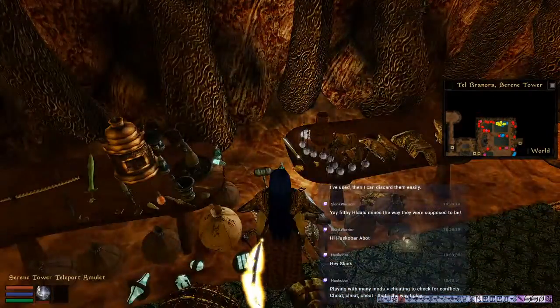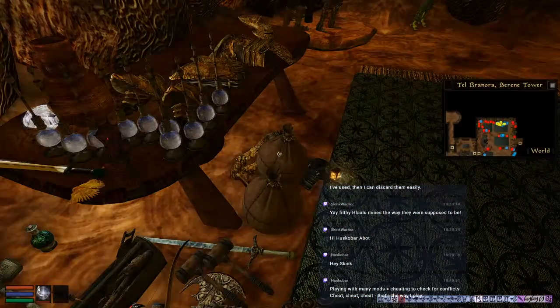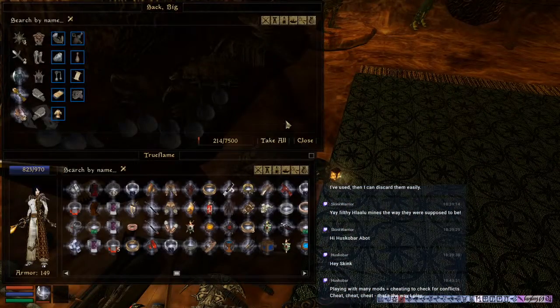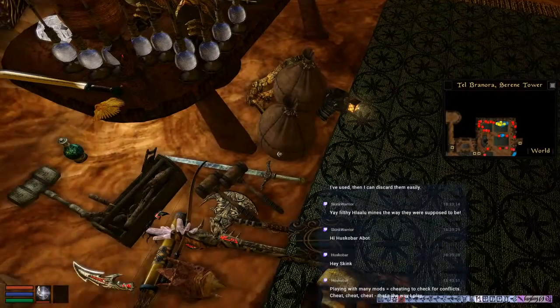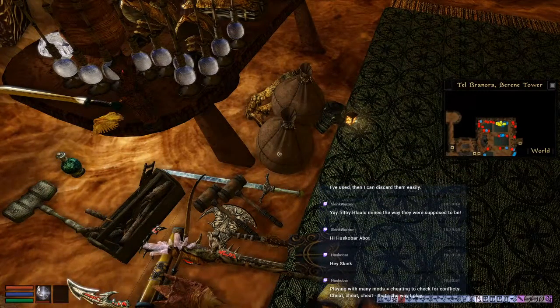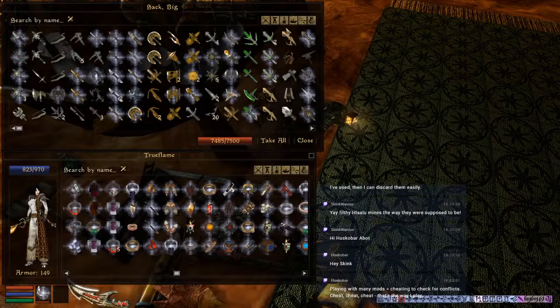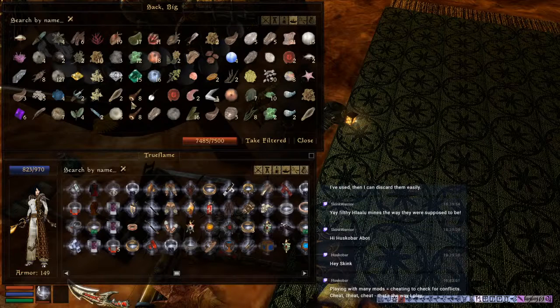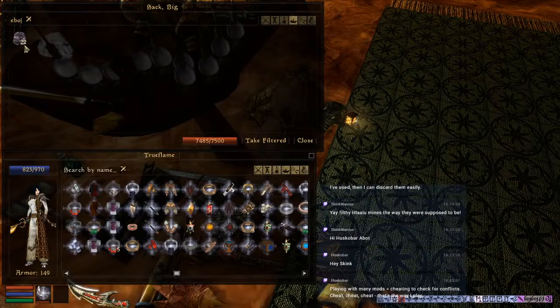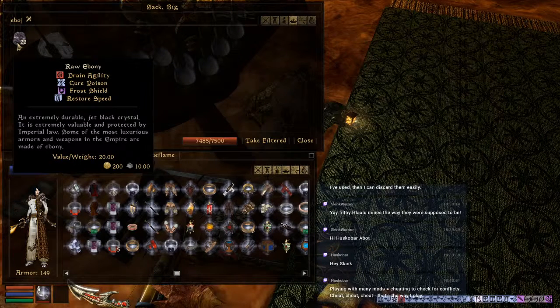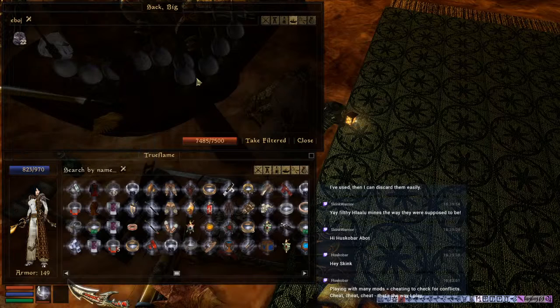I think you should have some Ebony here because she has collected a lot of things during all these game days. Oh yes. So we need how many? Can't remember.